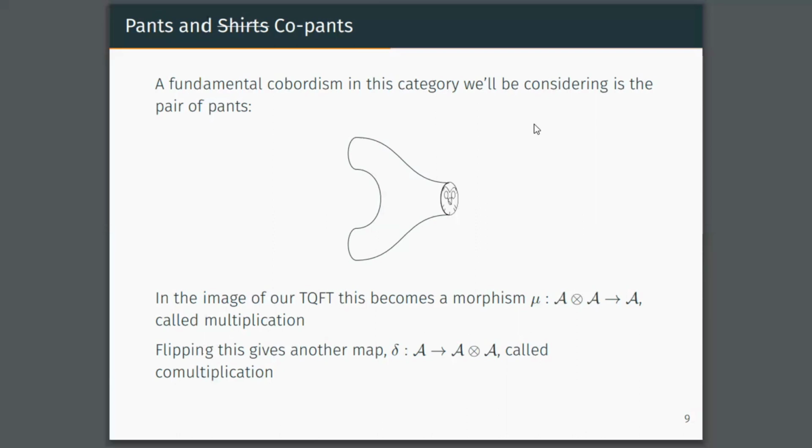So the reason you can't show that is because, for example, if we compose the inverse pair of pants here, what we get is basically a torus with two punctures.